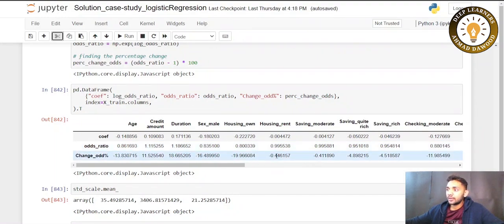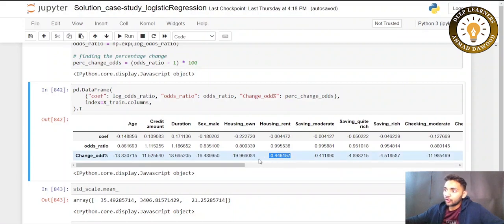And you can interpret here, let's say, this is 0.44, which means a 0.44% decrease in the odds when a customer has a rented house as compared to a person who has free housing.